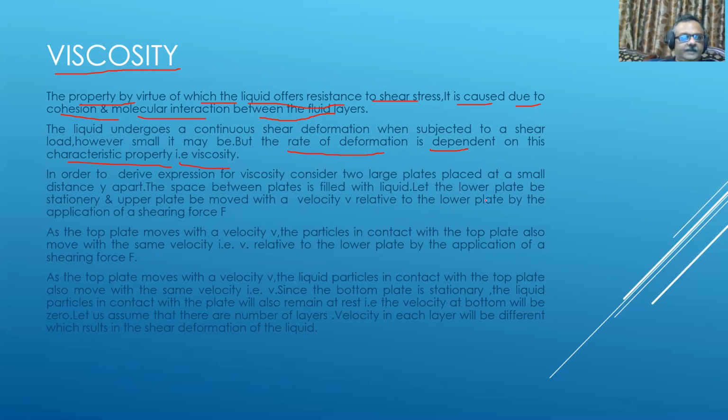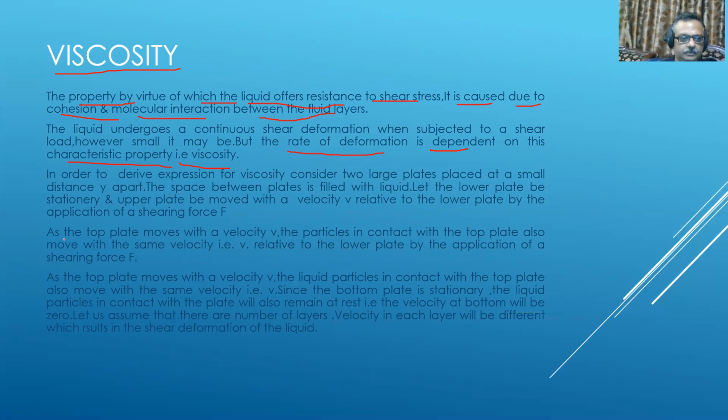Let the lower plate be stationary and upper plate be moved with a velocity v relative to the lower plate by the application of a shear force F. As the top plate moves with a velocity v, the particles in contact with the top plate also move with the same velocity, that is v, relative to the lower plate by the application of the shear force.